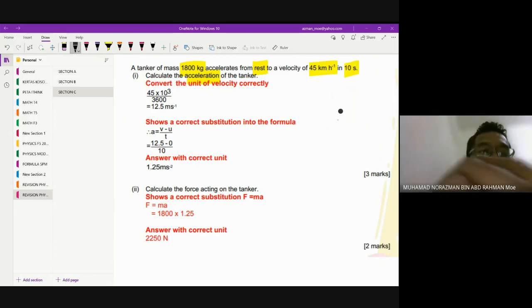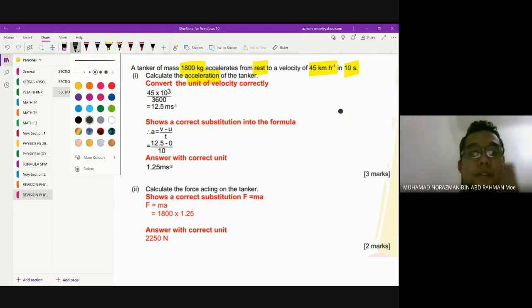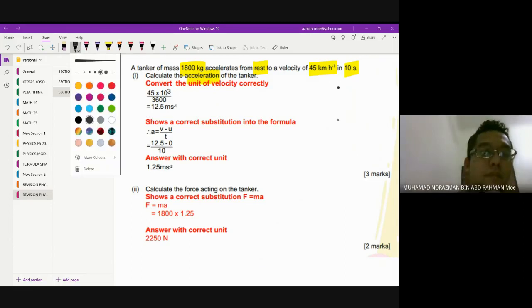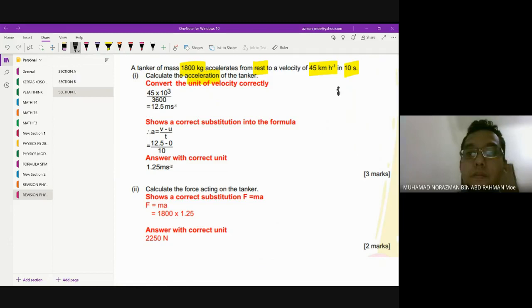So first, for calculation questions, I always recommend you to write the info. So we have the given mass, and then from rest, meaning initial velocity is equal to 0, then we have 45 km per hour.